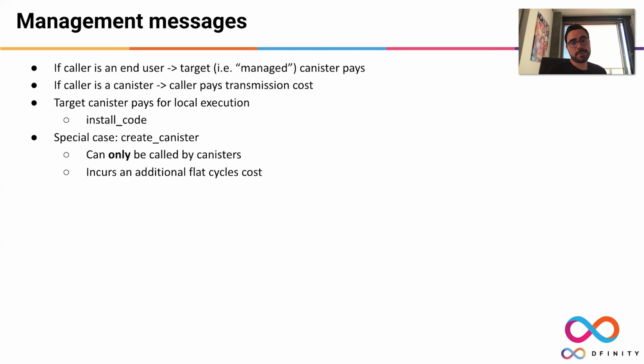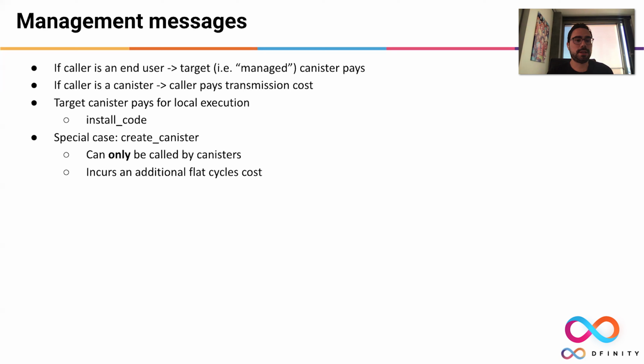A special case here is the create canister request. This can only be called by canisters, as ingress messages cannot carry cycles. The other thing that we need to note here is that this incurs an additional flat cost.